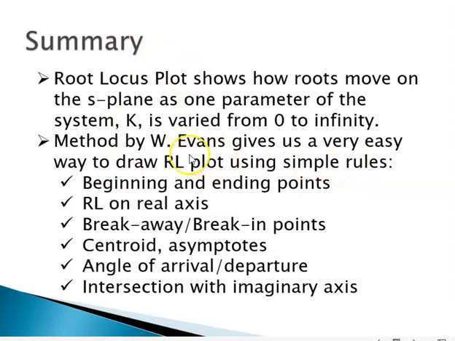And by the method given by Evans, you can find all these beginning and ending points, where the roots lie on the real axis, break-in, break-away, and then centroid, asymptotes, angle of arrival, departure. All these things you can find out. We'll try to see a couple of examples and try to explain these.